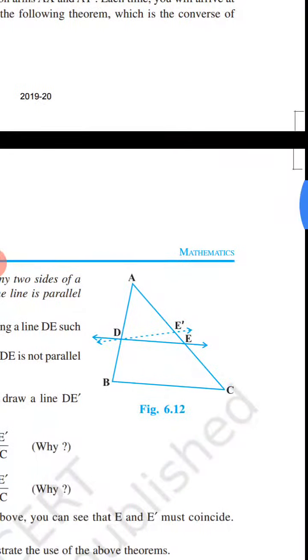Now here you see that ABC is a triangle and DE is a line which divides the two sides AB and AC in the same ratio, that is AD by DB is equal to AE by EC. We have to prove that the line DE is parallel to BC.